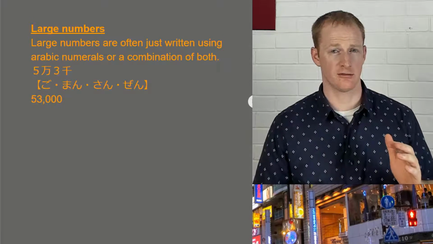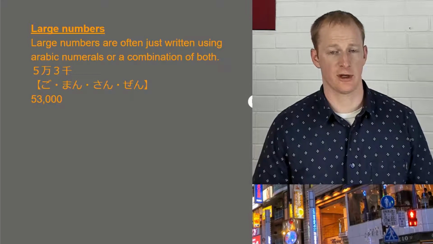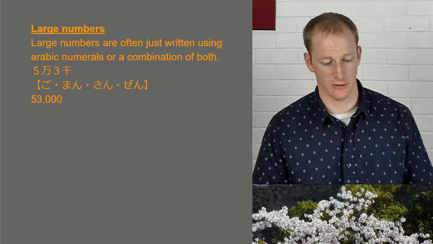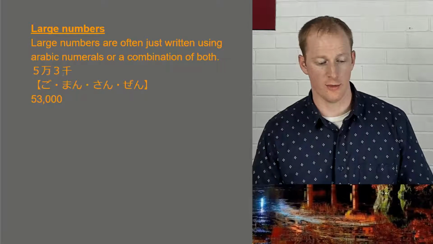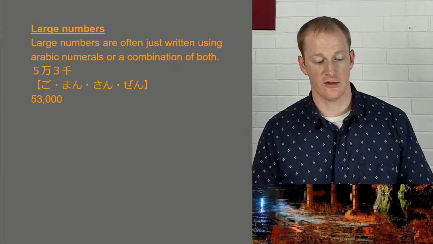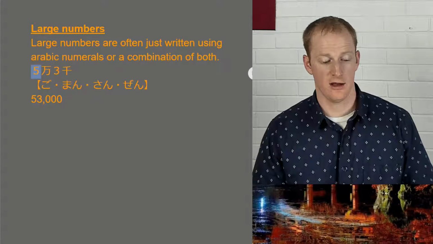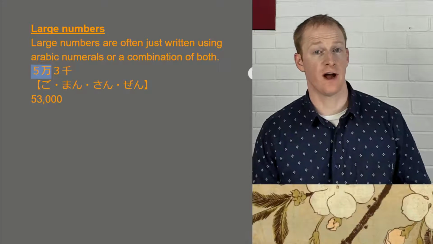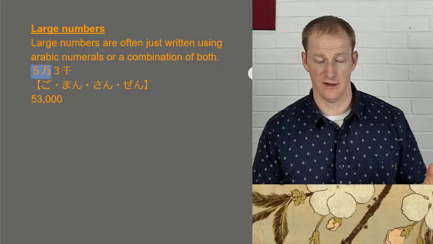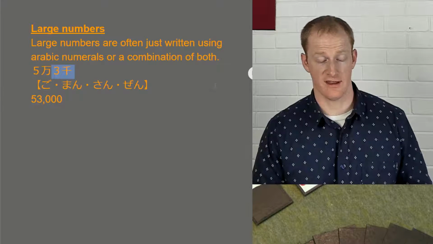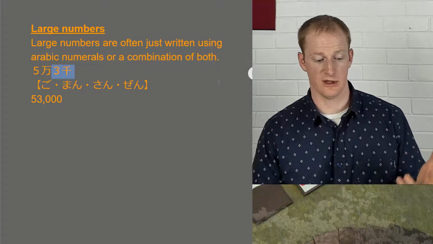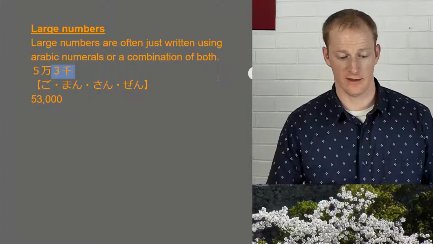They just become really long and unwieldy, so they tend to avoid this. So for example, we got one here, which is goman sanzen. This is 53,000, because we have goman, 5 lots of 10,000, so 50,000. And then we have sanzen, this is 3,000. So 50,000 plus 3,000, 53,000.